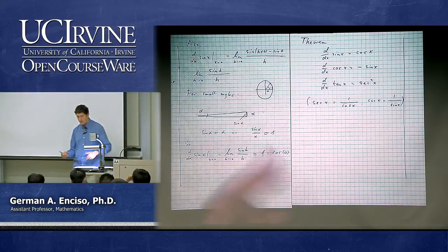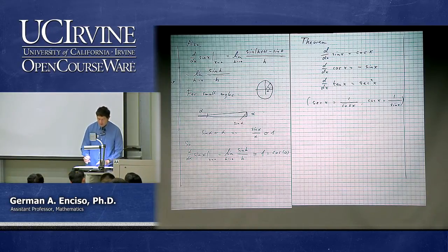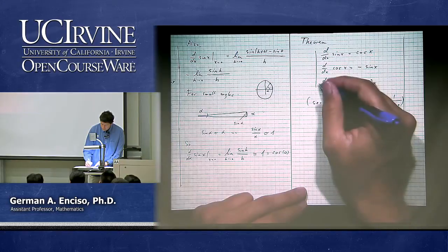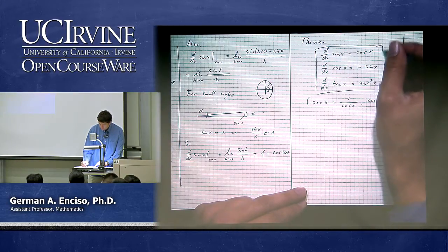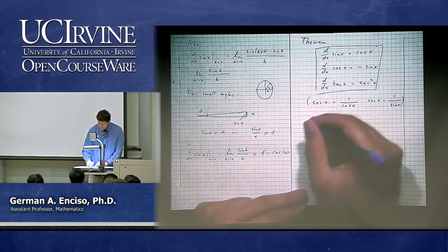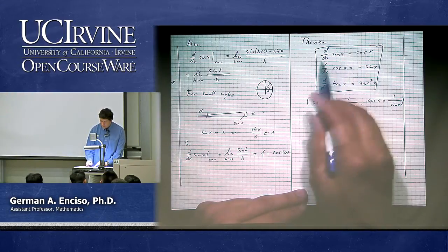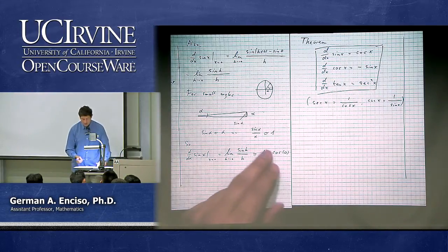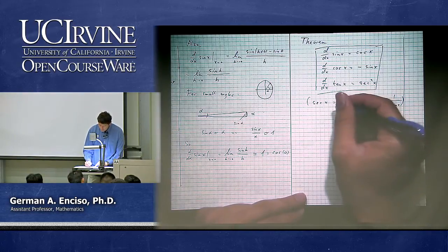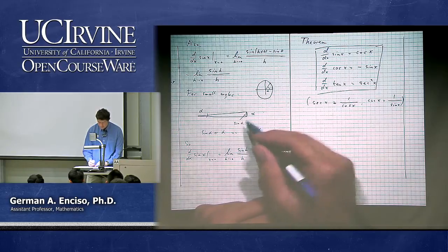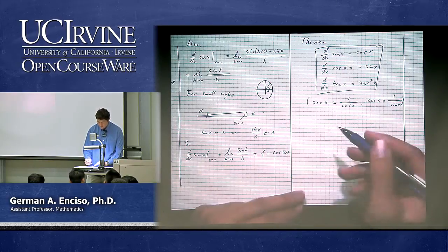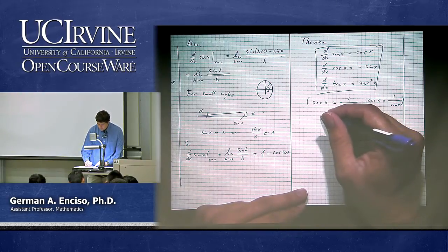And the cotangent is 1 over tangent. But that's just a reminder. This is officially new. Okay, and the proof of this result, the full proof, you can see it in the book. And basically, we don't have time to prove the whole thing, but I gave you a fair amount of evidence that the derivative of sine is cosine, and we're going to do the same thing with the cosine function.